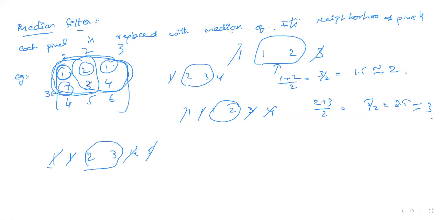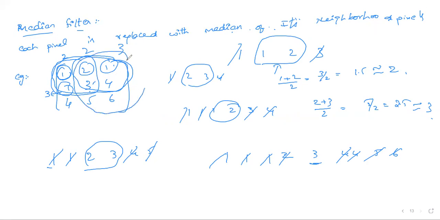This one is 3. Now for this one, 1, 1, 1, 2, 3, 4, 4, 5, 6, the median is 3.